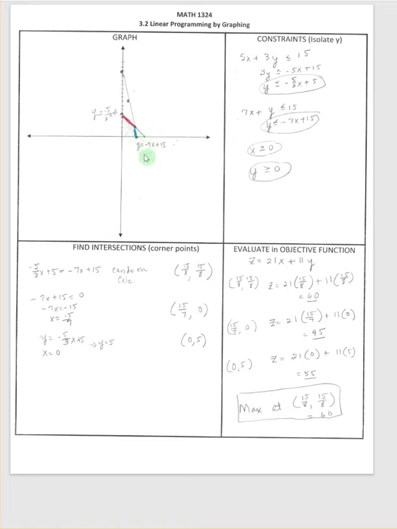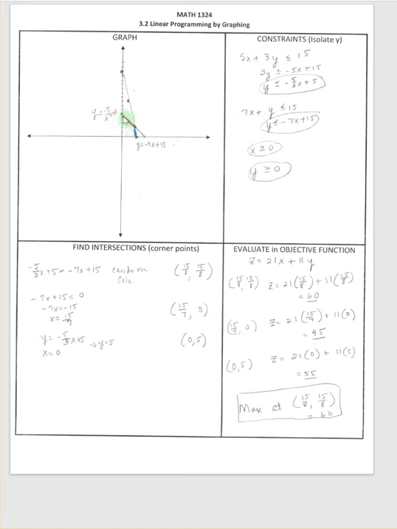For this point, the line that is the blue one, where it hits y equals 0: negative 7x plus 15 equals 0. Solve that for x, so you get 15 over 7. So here's my second point, 15 over 7, y is 0.